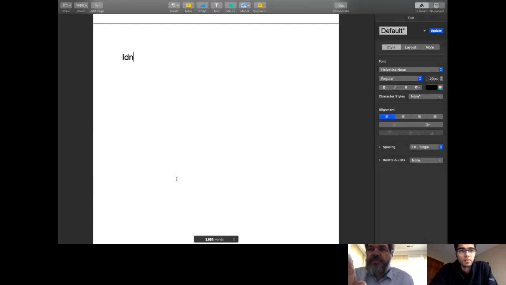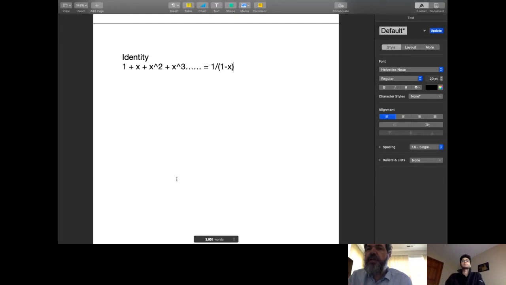The identity is the following: 1 plus x plus x squared plus x cubed plus, in many terms, equals 1 over 1 minus x. It goes without saying that this is still for all x between minus 1 and 1.